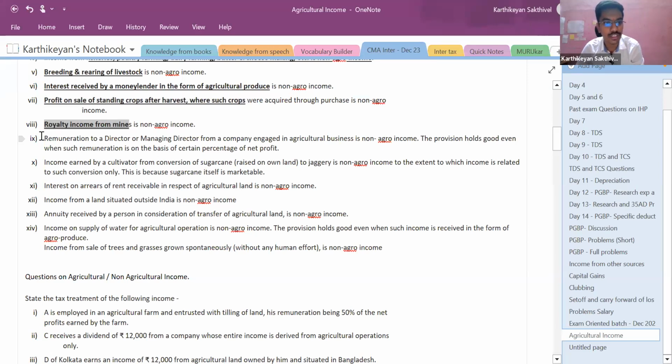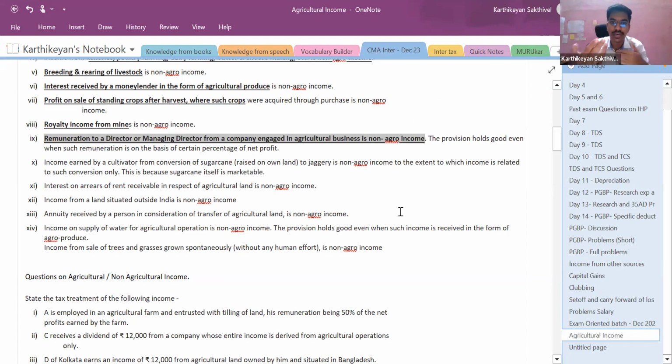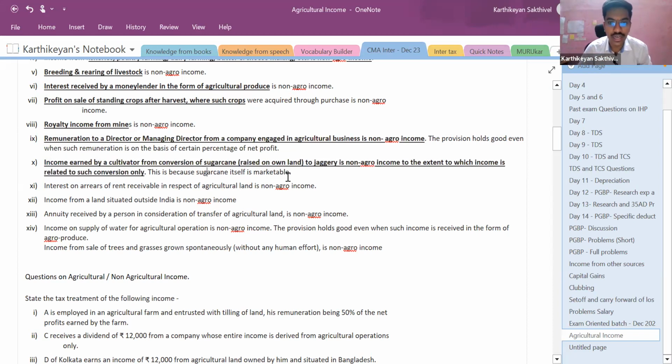Next, any remuneration to a director or an MD from a company which is engaged in agricultural business, we have already seen. He is a separate person from that company, hence it is a non-agricultural income. Income earned by a cultivator from conversion of sugarcane to jaggery is non-agricultural income to the extent of such conversion only. Right? This is because sugarcane itself is marketable.